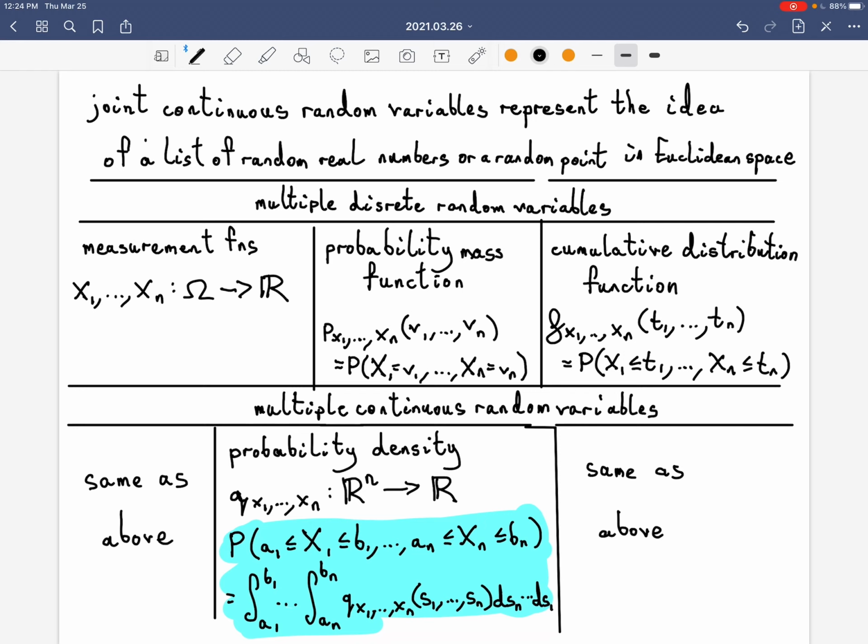So I have this function of n variables, which is the probability density, and I integrate it where the bounds of the multiple integral are the list of lower and upper bounds that I chose when I was asking the question about simultaneous satisfaction by my list of random variables.